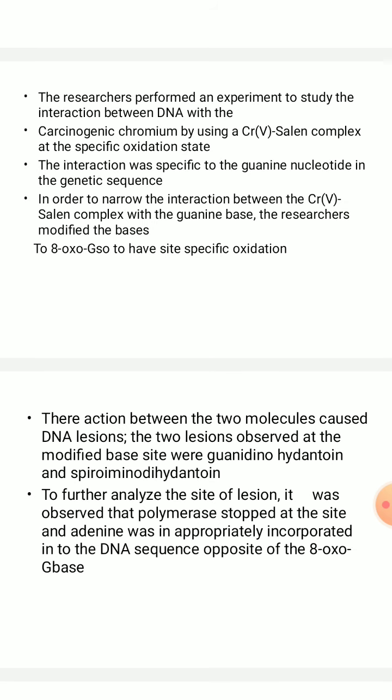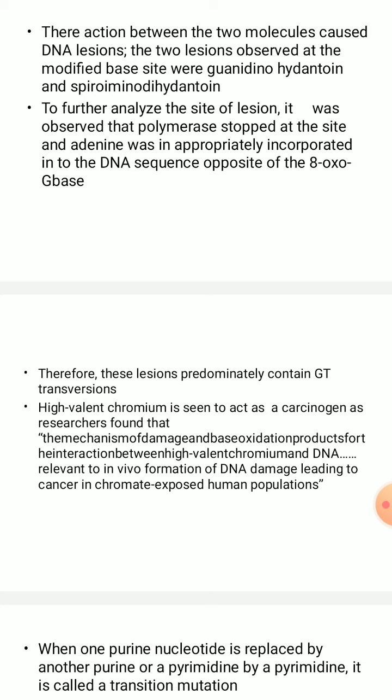To further analyze the site of the lesion, they observed that polymerase also stopped at that particular site, and adenine was inappropriately incorporated into the DNA sequence, opposite to the 8-oxo G base. Understand? So these lesions, therefore, predominantly contain G to T transversions.